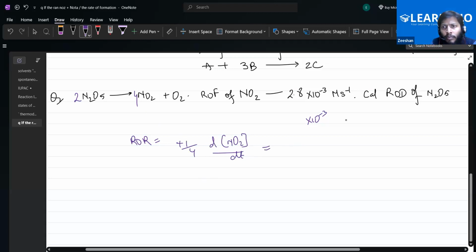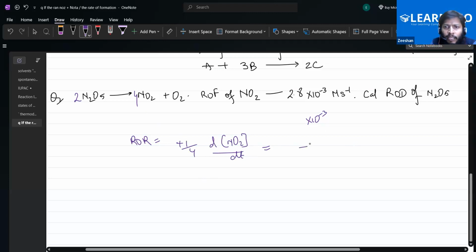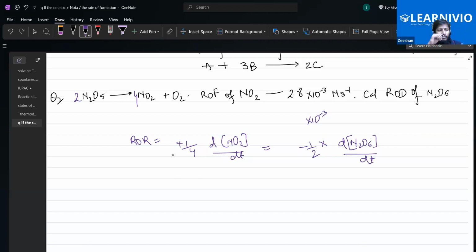And for disappearance of N2O5, we write minus half times the rate of disappearance of N2O5. Why have I written minus? Can you tell me? Anybody? Why have I written minus here and plus here?